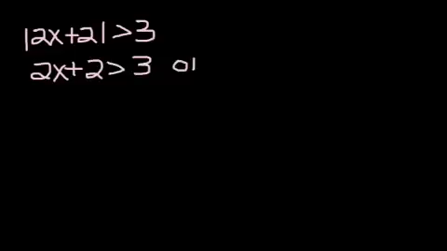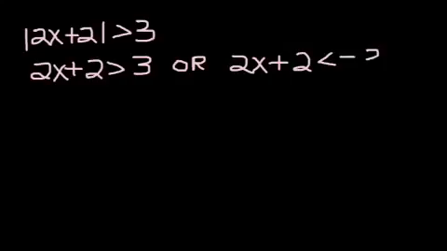You put the word or in, and then we write it again with the part that's in the absolute value signs written the same, but we flip the inequality sign over. If there were an equal included, we'd include it here, and we change the sign of everything that's on the right hand side. And we solve these two linear inequalities separately.